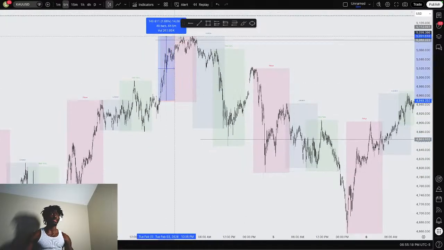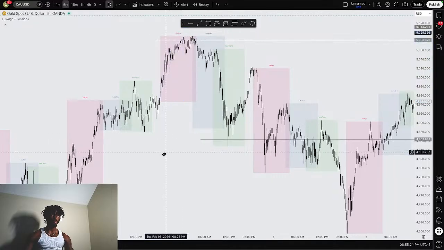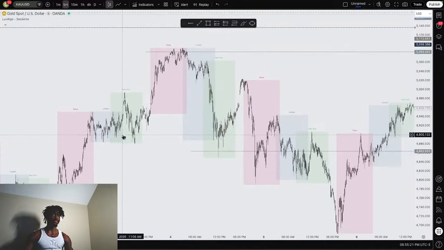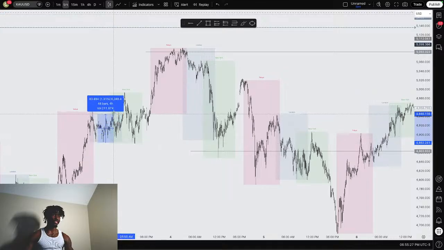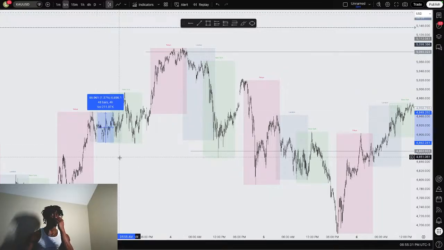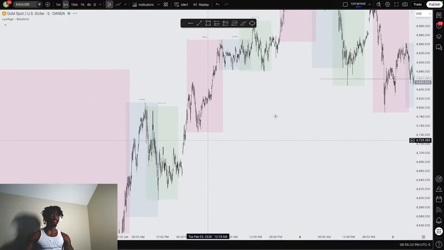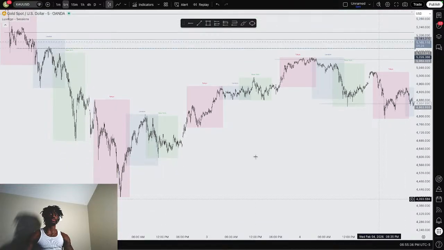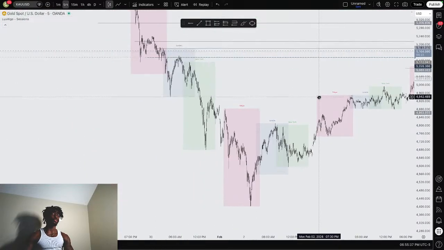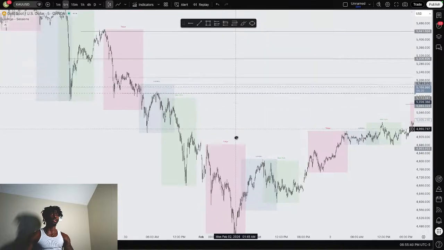Asian session, 1400 pips. Even during this small consolidation range in London session, this was still 600 pips. Gold moves at least 200, on average 300 pips every single session.